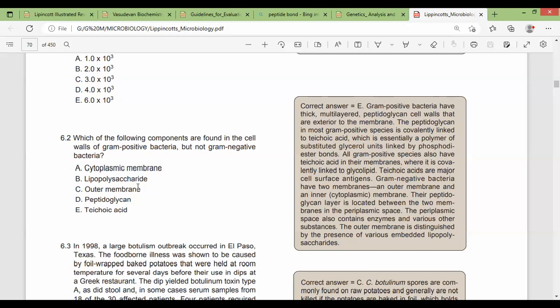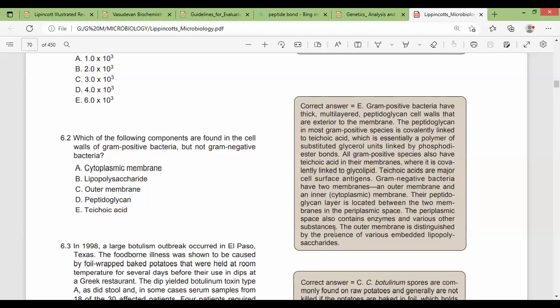But at least I know lipopolysaccharide is definitely in gram negative, that one we've covered. Then we've also said peptidoglycan is in both gram positive and gram negative. It's just that in gram positive it's a lot, in gram negative it's not so much.